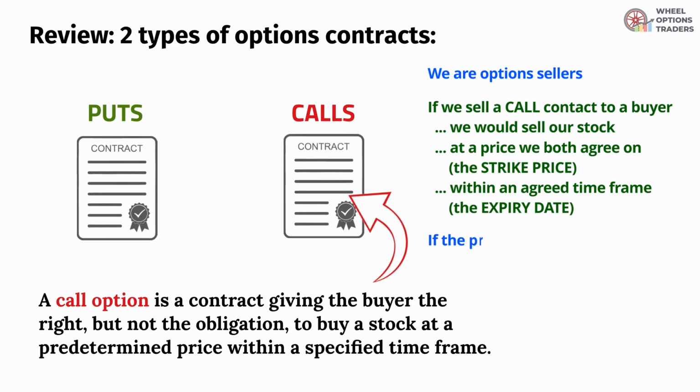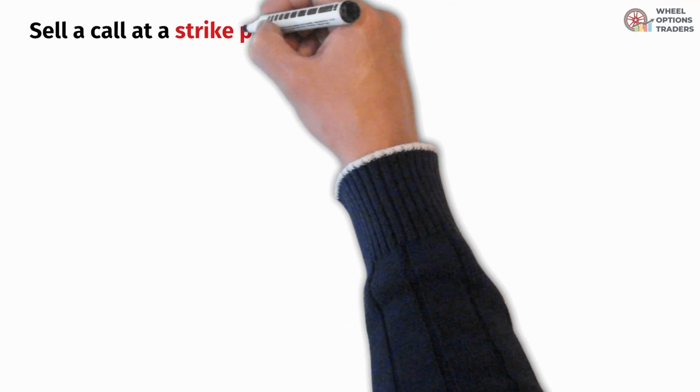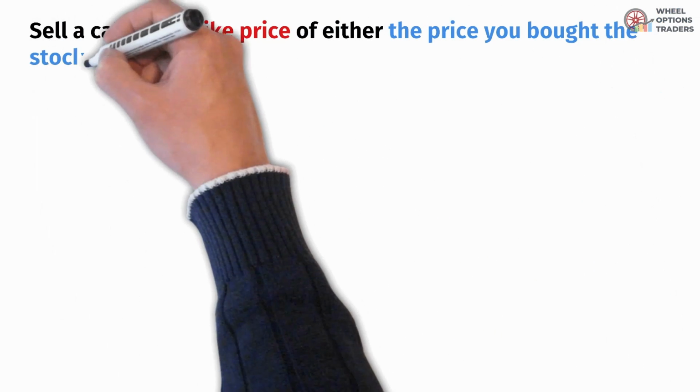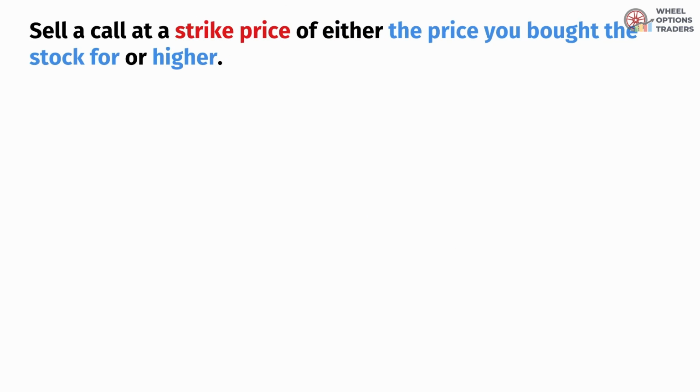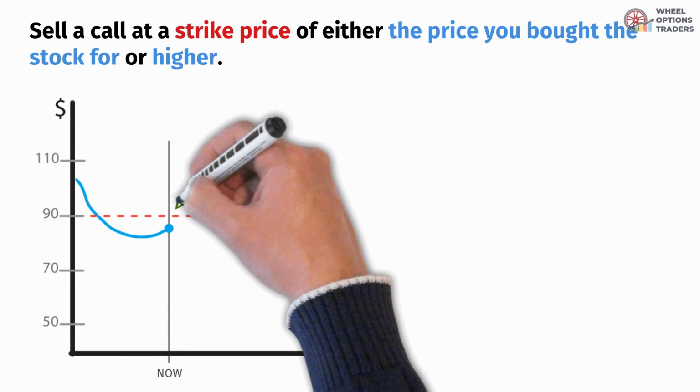And if that stock price reaches our agreed price by the expiry date, we'll have to sell our stock to the buyer. So this basically means that you are going to sell a call option and set the strike price for either the same price you bought the stock for or a higher price.